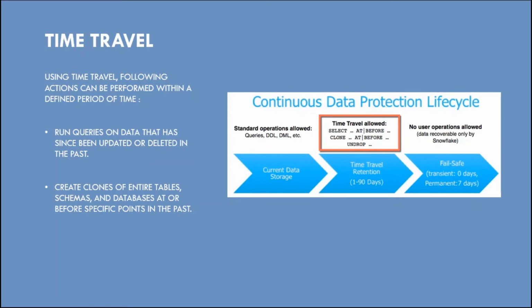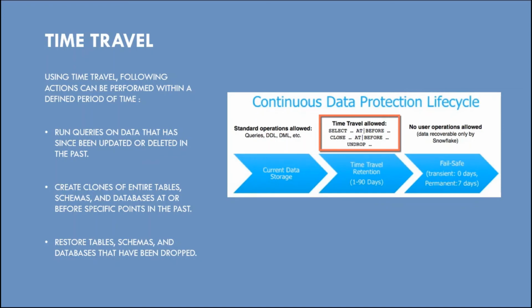We can also create clones of entire tables, schemas, and databases at or before specific points in the past. We can also restore tables, schemas, and databases that have already been dropped.